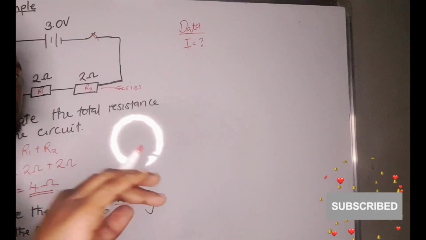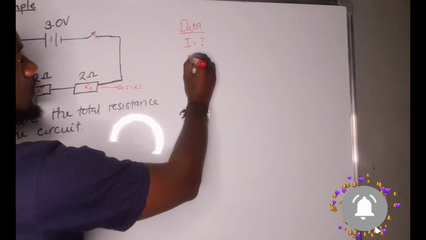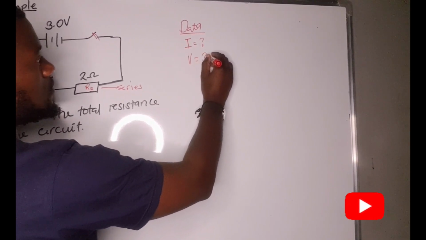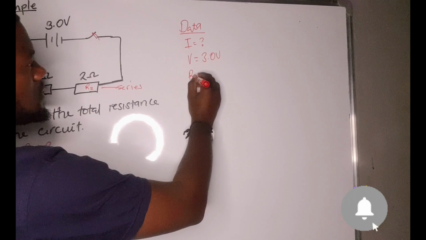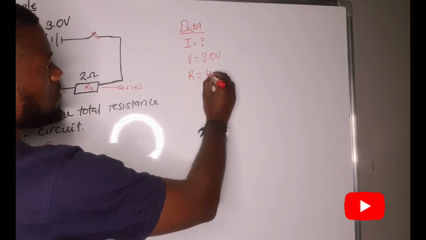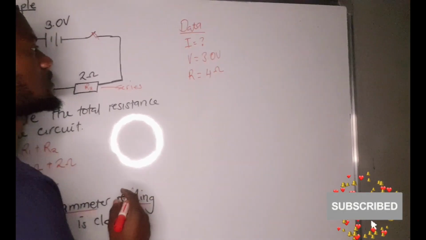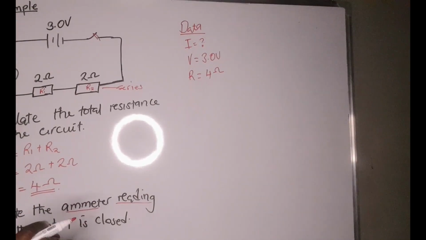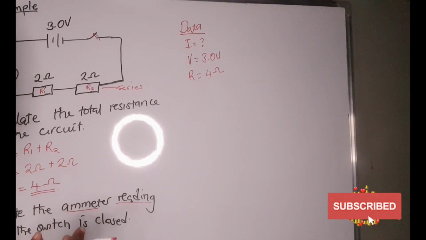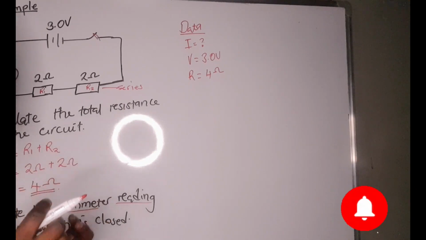Then voltage, we have 3.0 volts, and resistance, which is 4 ohms. We have used 4 ohms because we are calculating the current for the circuit, the current flowing in the circuit.